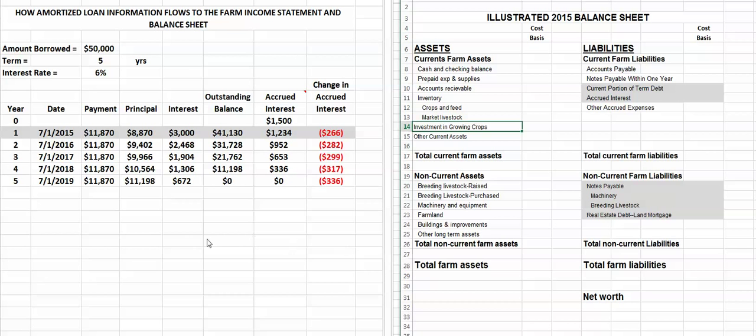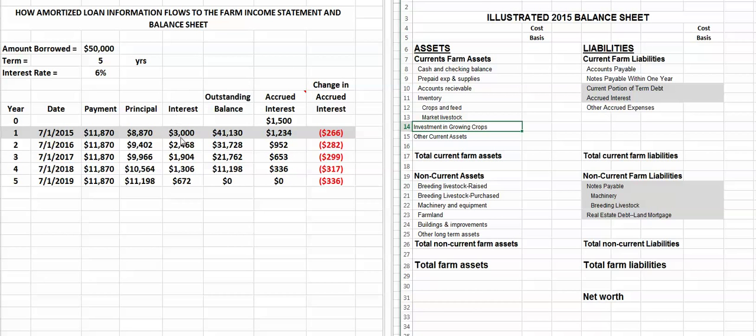Do not forget that you would need an amortization schedule for every single farm term loan. If you had a loan on a couple of different pieces of machinery, a loan for some breeding stock, which would be replacement cows or herd bulls, or a mortgage on land, all of those would require an amortization schedule.